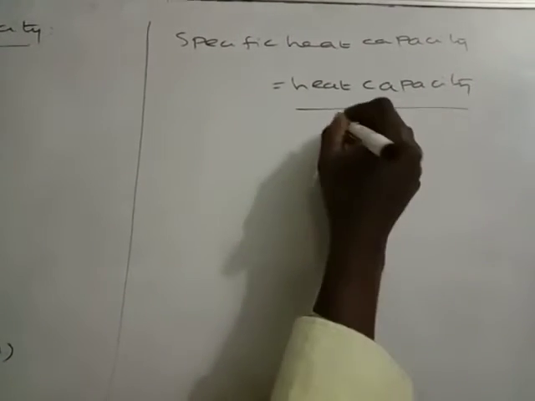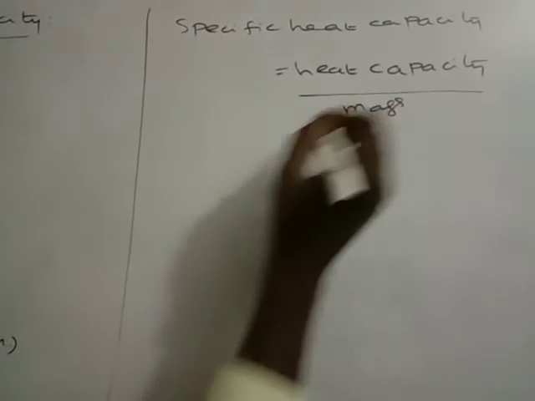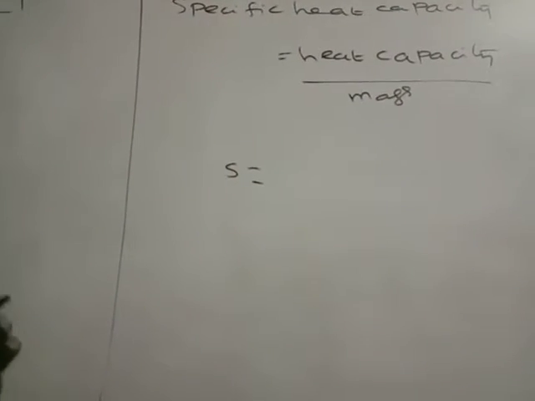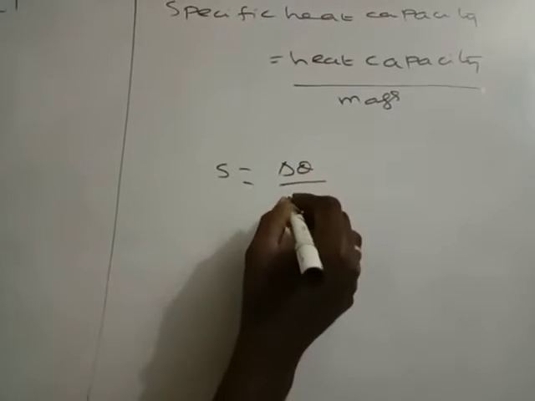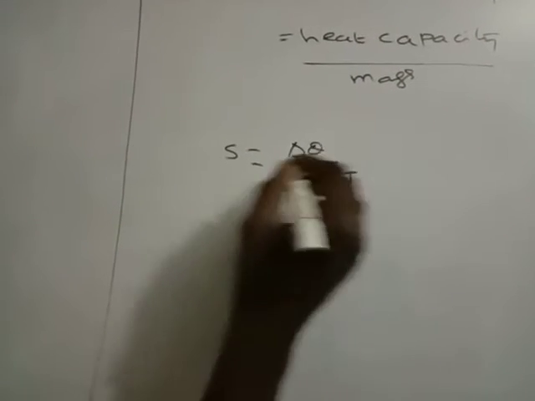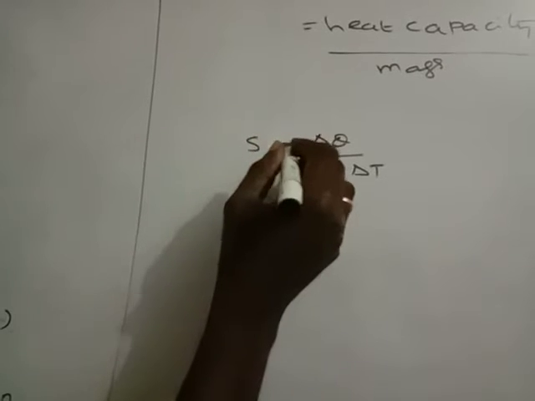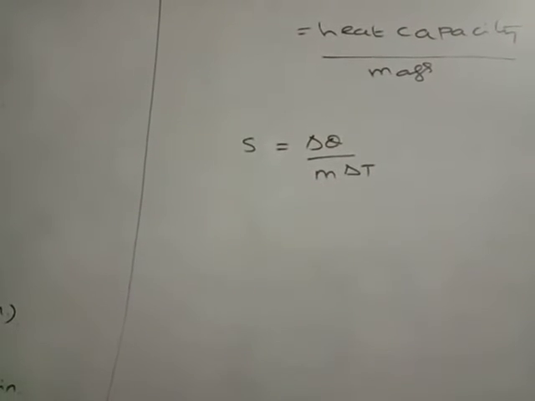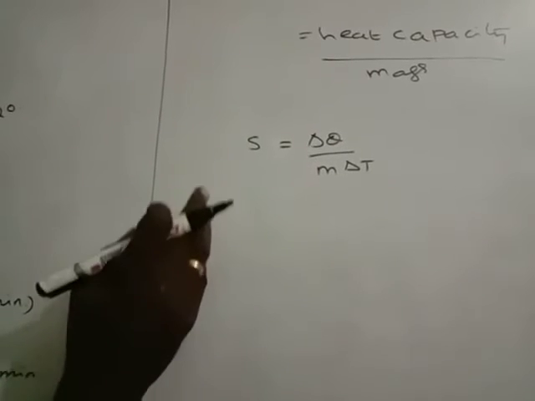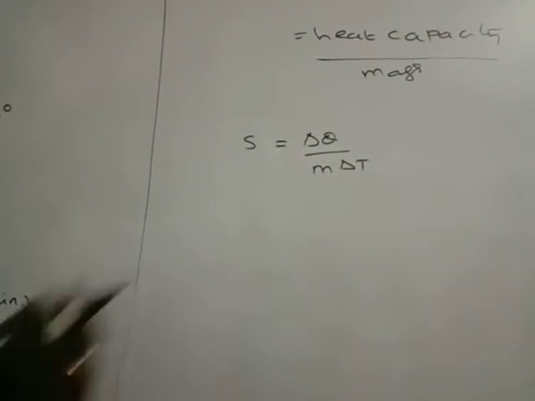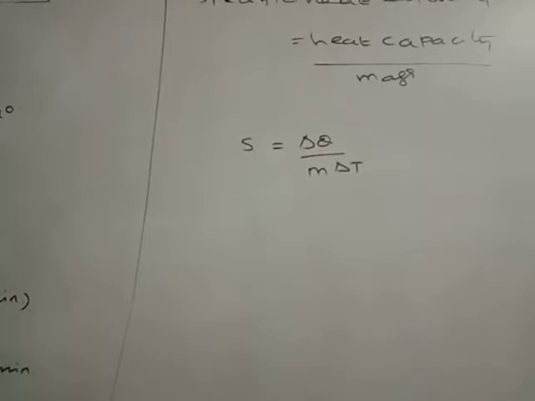So S equals delta Q divided by M into delta T. Heat capacity is delta Q by delta T, divided by mass. So the amount of heat energy required to raise the temperature per unit mass of the liquid is called the specific heat capacity.